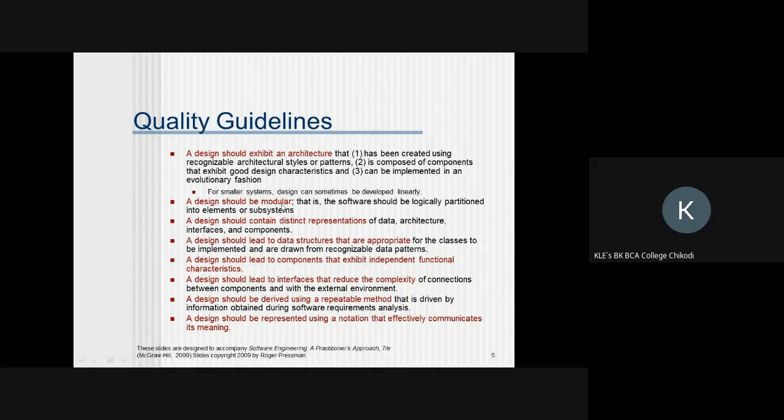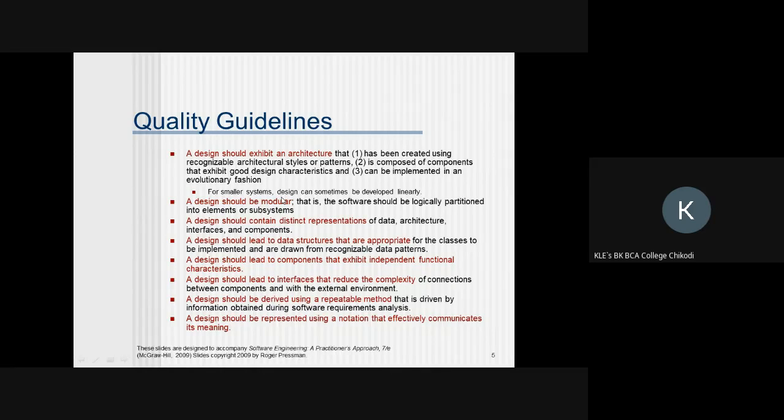A design should be modular. You all know about the difference between second generation languages and third generation languages, right? In first and second generation languages, there is no modular concept. There, every instruction is written linearly. But from third generation languages onwards, the function concept came into the picture, as well as the object oriented concept.